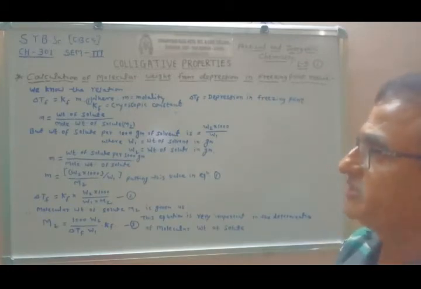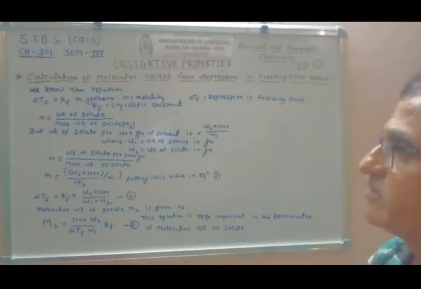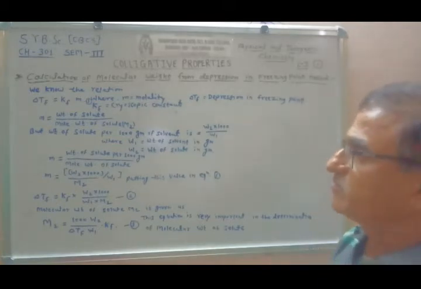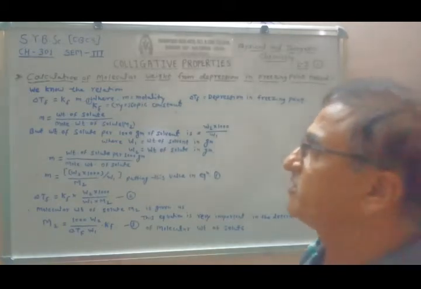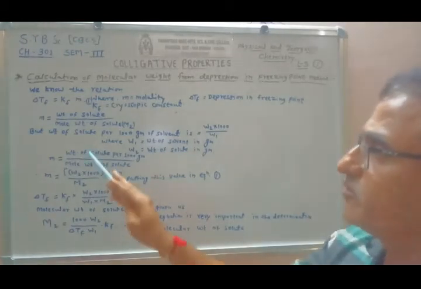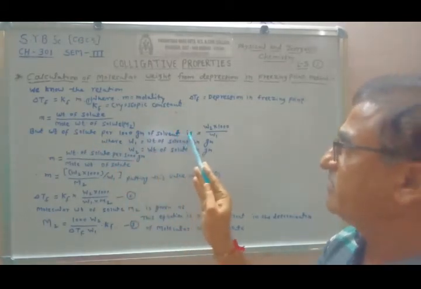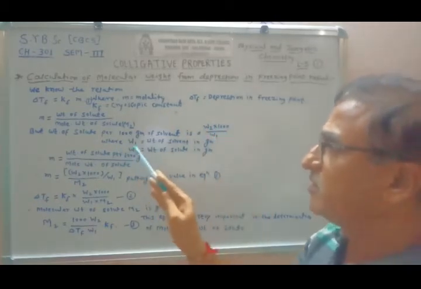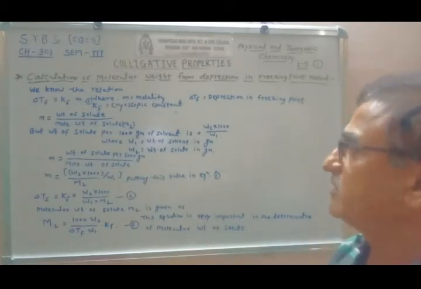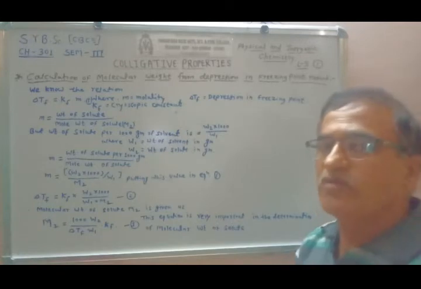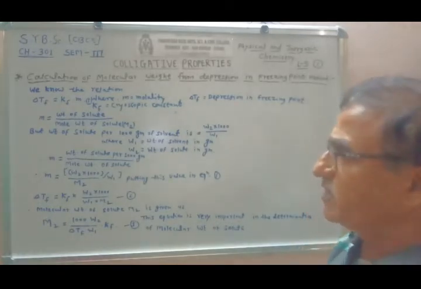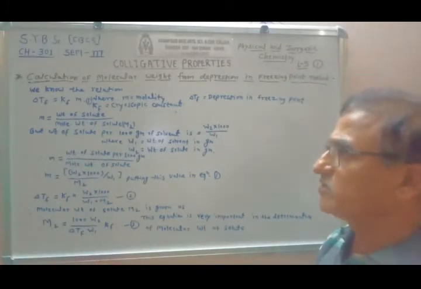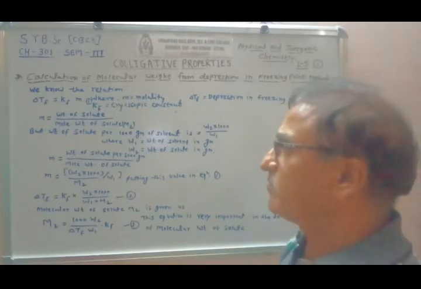The concentration is expressed in terms of molality, that is weight of solute per 1000 gram of solvent, which is W2 into 1000 divided by W1, where W1 is the weight of solvent in grams and W2 is the weight of solute in grams. Now, molality is equal to weight of solute per 1000 grams divided by molecular weight of solute.